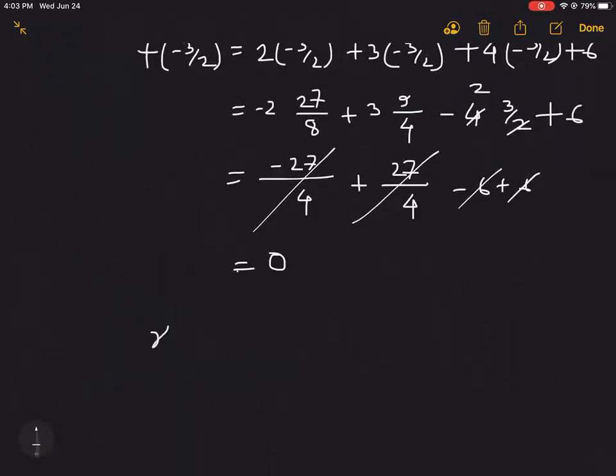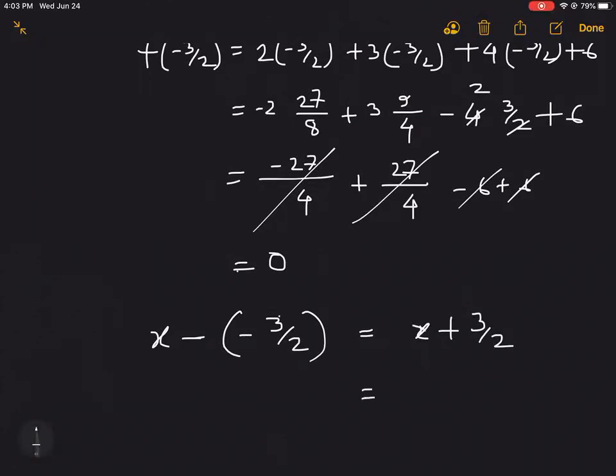So as you know, x minus the real 0 is a factor for your function. So it means x plus 3 halves is a factor for your function.